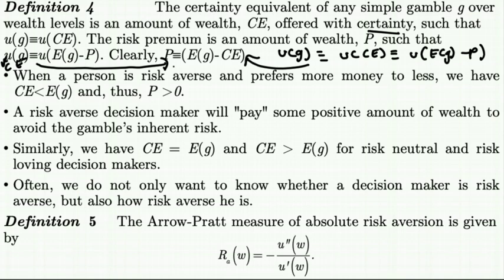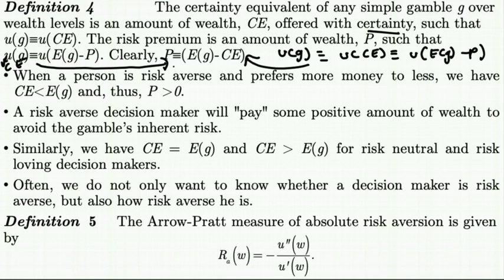So when a risk averse person wants to decide whether to get involved in a certain gamble or not, by putting his own wealth here, he will only pay some amount of wealth to that particular gamble, given that the gamble will give him a return, isn't it? That's basic for any human being.